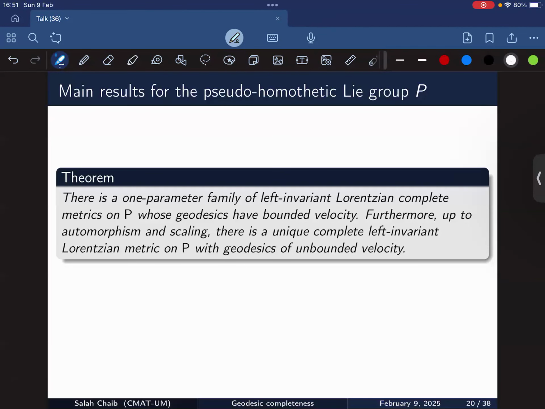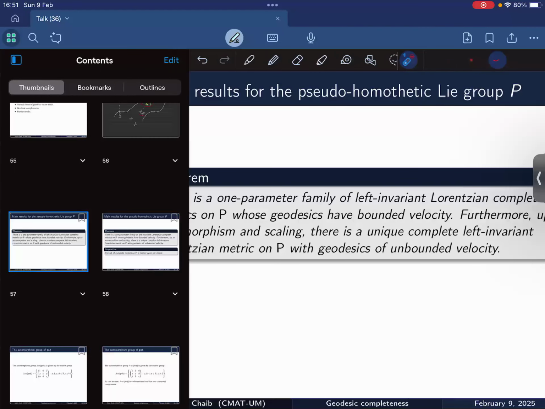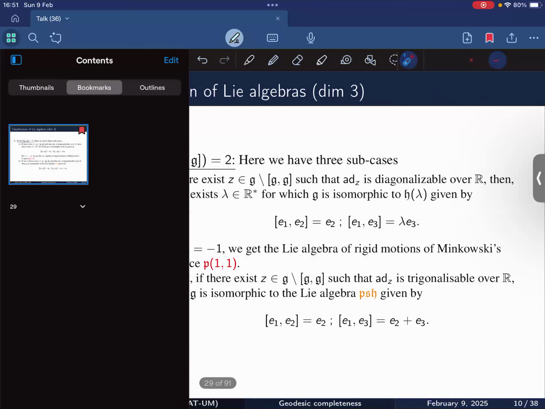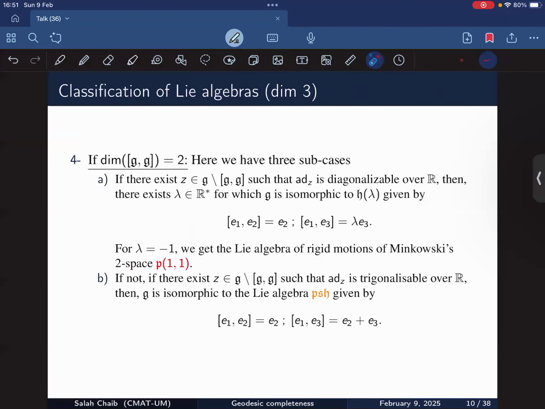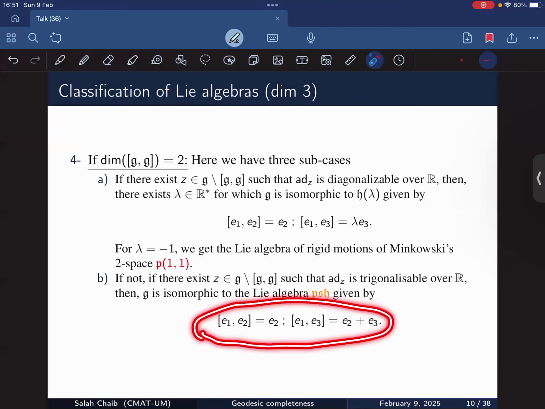So this is what we said for the pseudo-homothetic group. If we go back to the pseudo-homothetic Lie algebra, it is the Lie algebra given by these bracket relations.